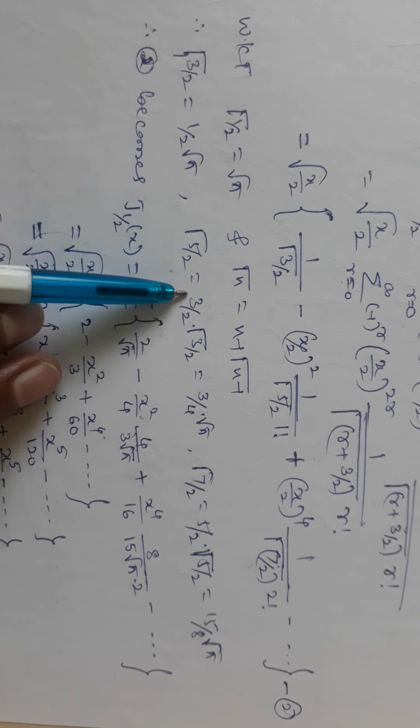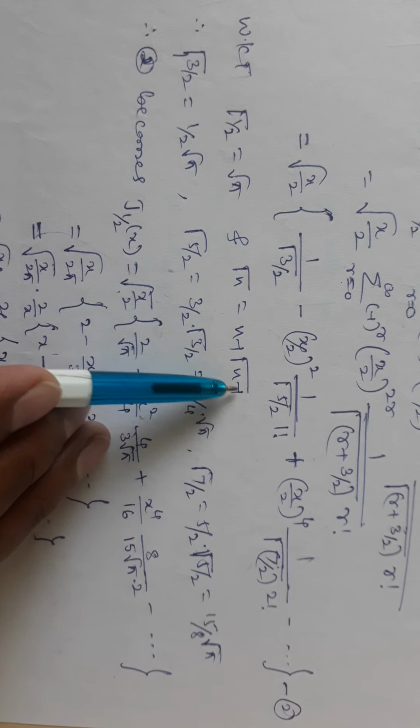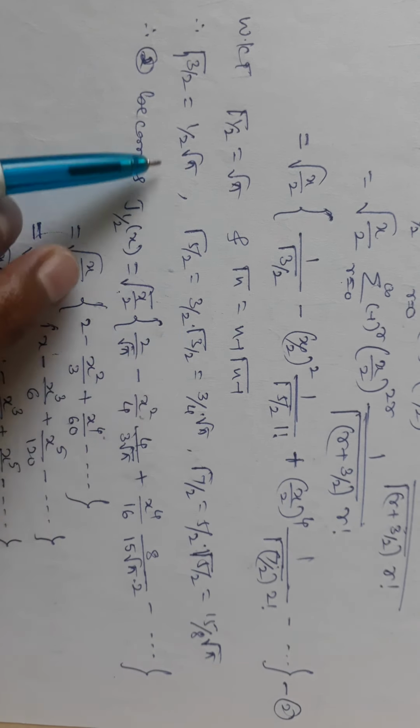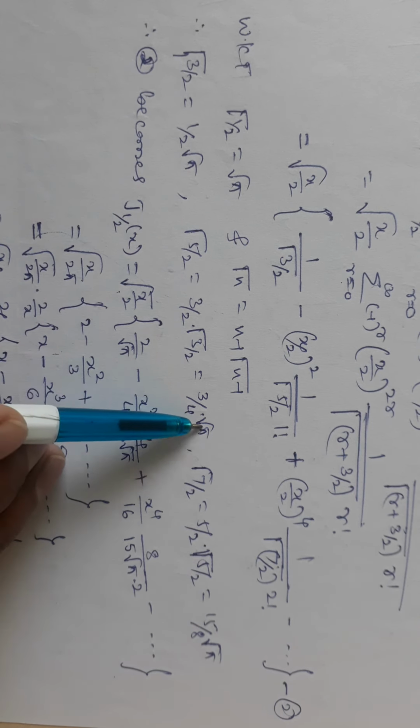Now gamma of 5 by 2 can be written as 3 by 2 into gamma of 3 by 2, and gamma of 3 by 2 is root pi by 2, therefore it is 3 by 4 into root pi.